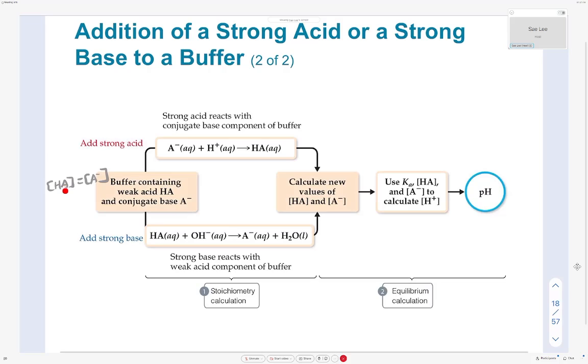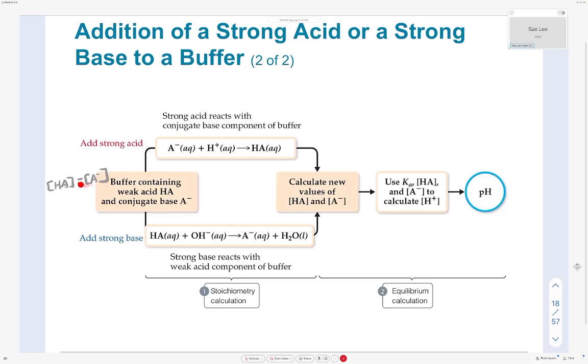The acid will react with the strong base, consume it, and get rid of it. The reaction between acid and the newly added base will produce extra conjugate base.